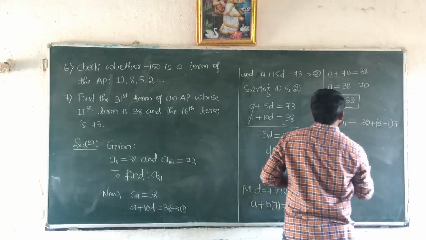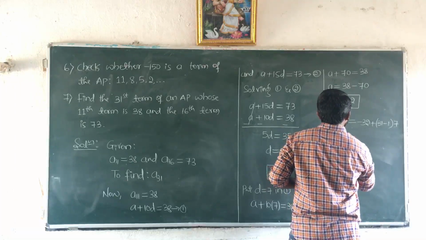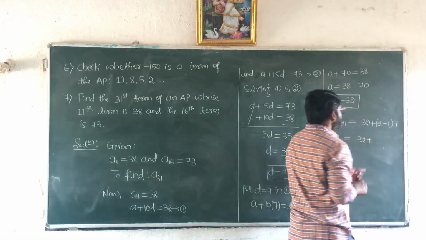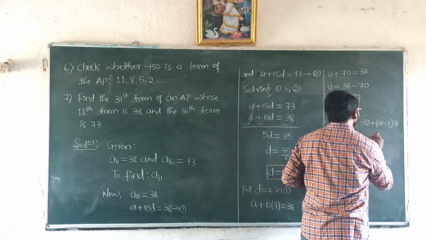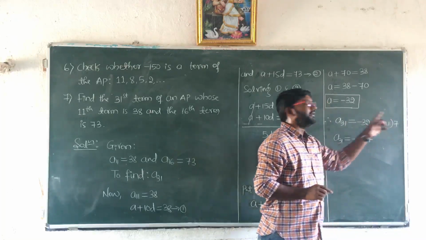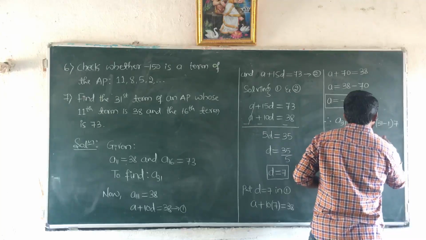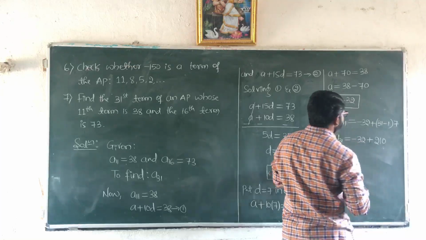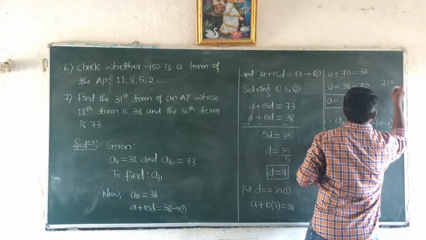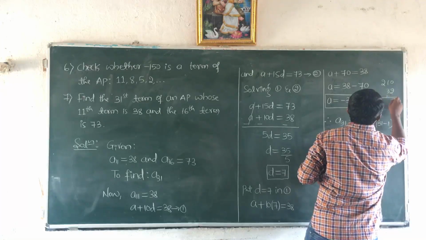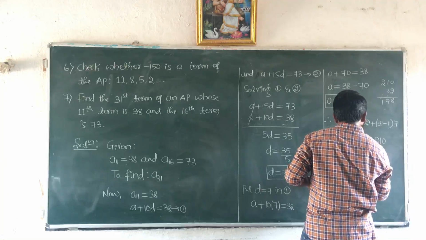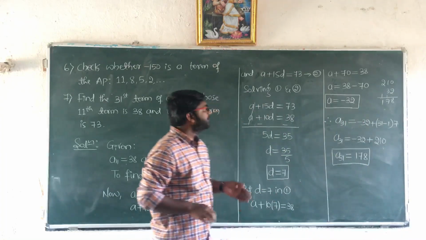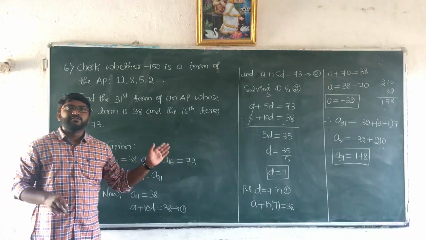So A31 is equal to minus 32 plus 31 minus 1, which is 30. 30 into 7 is 210. So A31 is equal to 210 minus 32. So this will give us plus 178. So this is the 31st term of the given AP. So pause the video to note it down.